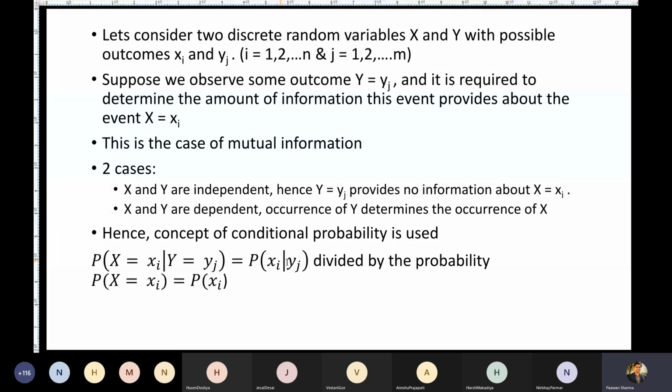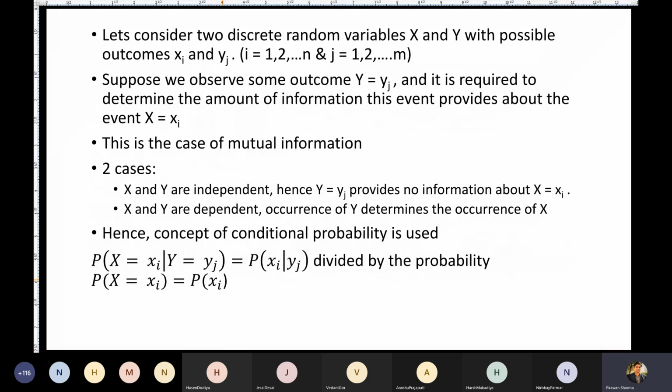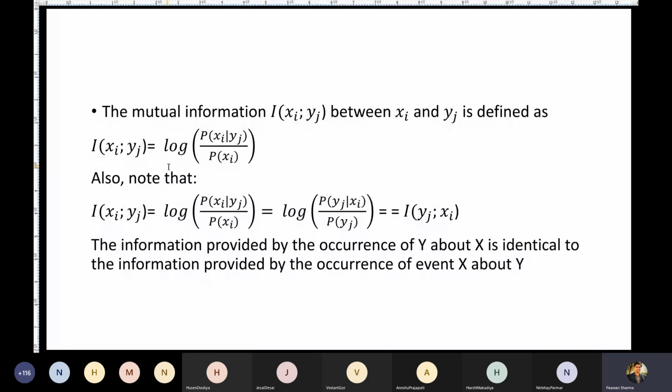The concept of conditional probability is this: P of Xi given Yj divided by the probability of the occurrence of this individual value itself, P of Xi. This is the formula for conditional probability. Now, we are not dealing with simple probability, this is a case of conditional probability, and we have seen this formula.